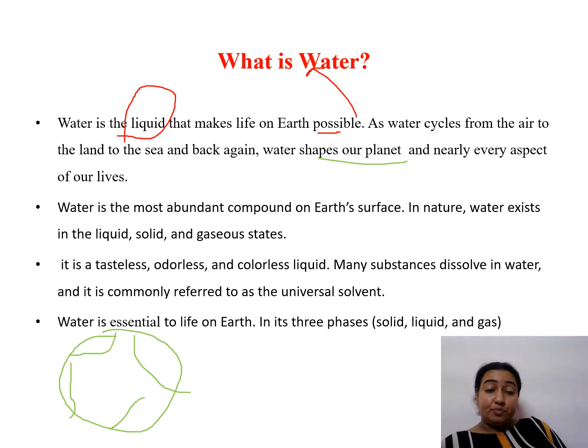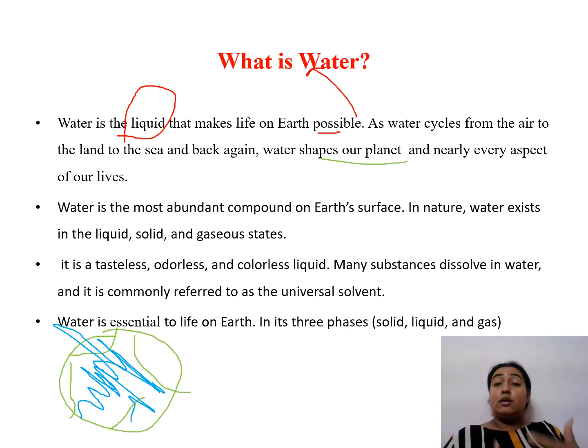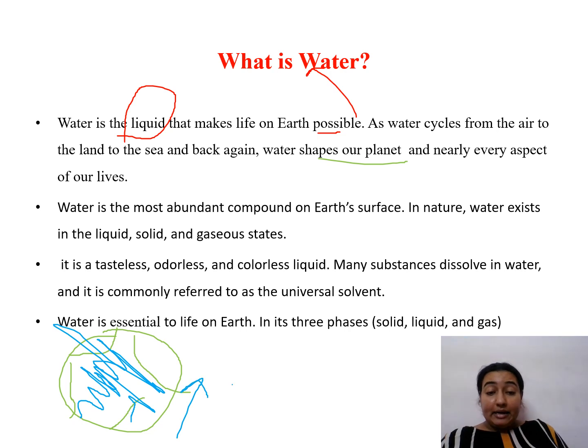Suppose I'll paint this portion, suppose this portion is covered with water, right? So how is this water there? Because it is going back and coming down. So because of the help from this air, water, everything, sea, water is shaping our planet. That is why it is important.